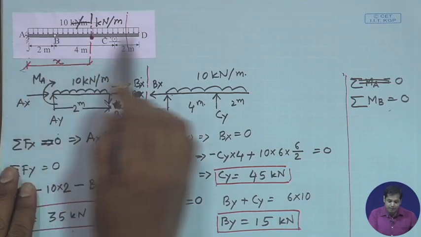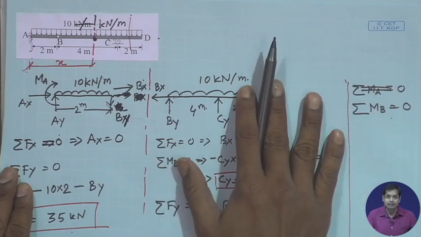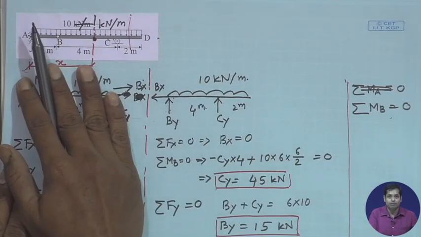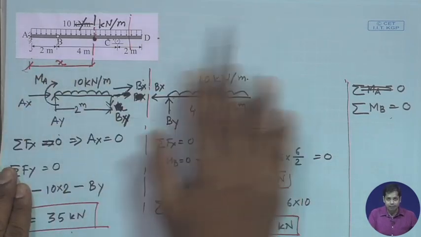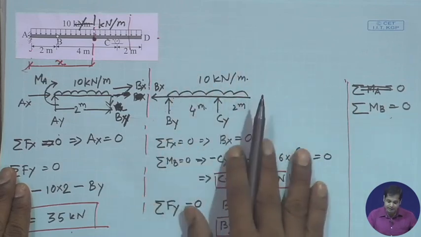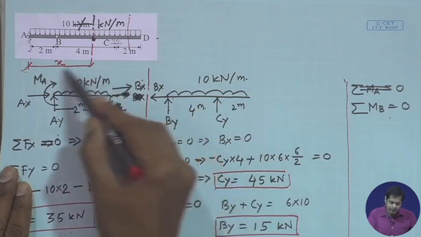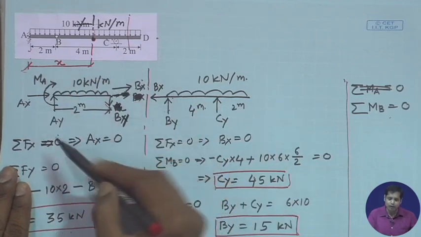One is AB and BD. We started our calculation with this part, and then once this is done, we move to this part, because this was easier. Otherwise, if we start with this, then the number of unknowns will be more.